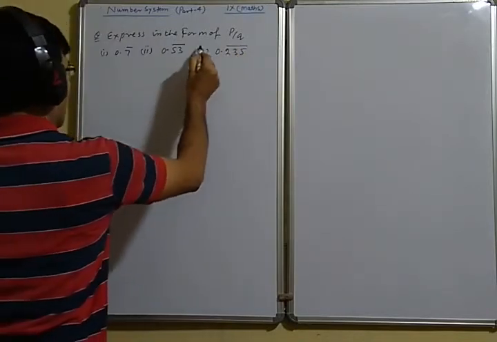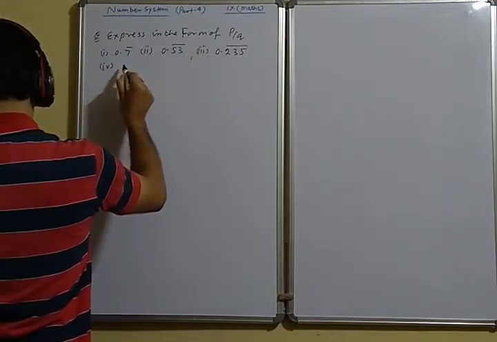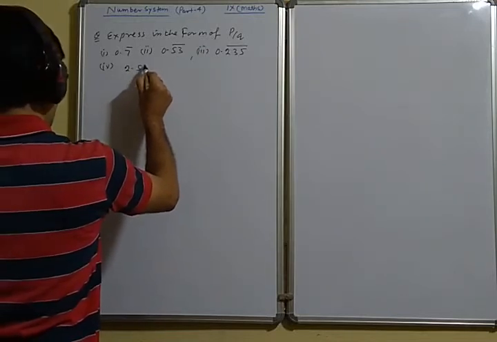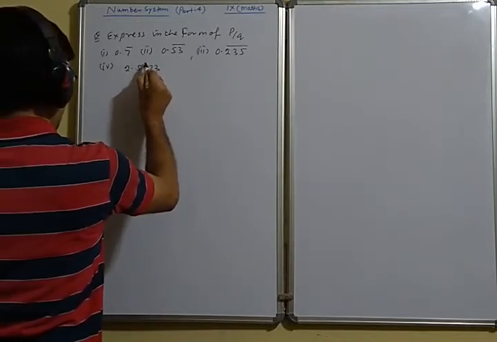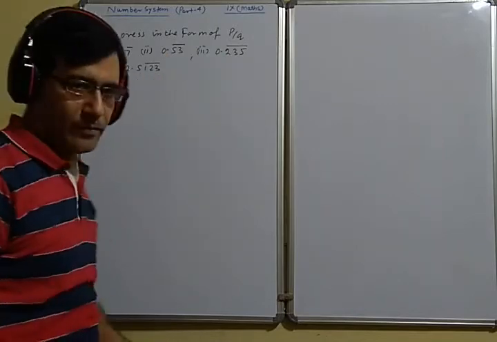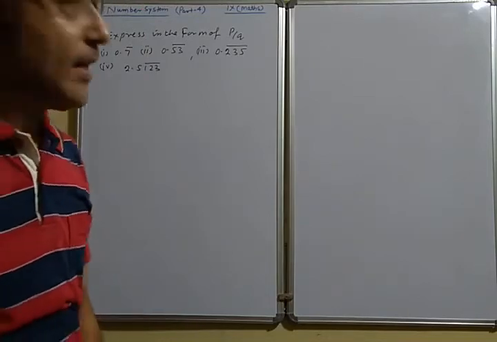One more part, 2.5 1 2 3 bar. Bar is on 1 2 3. Now let us see how to simplify one by one.